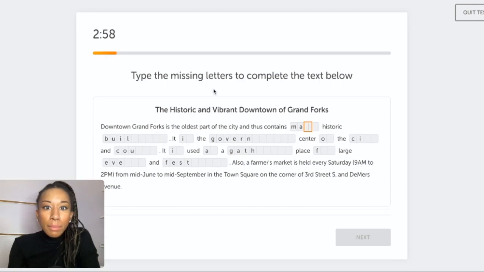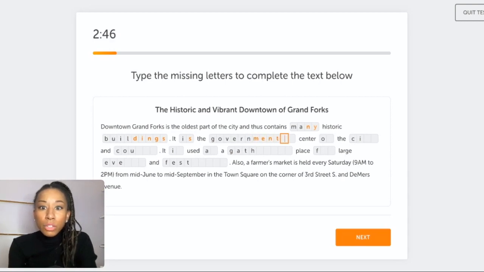Type the missing letters to complete the text below. Downtown Grand Forks is the oldest part of the city and thus contains many historic buildings. It is the governmental center of the city and county.